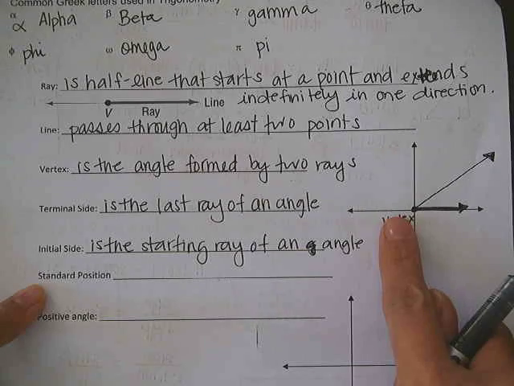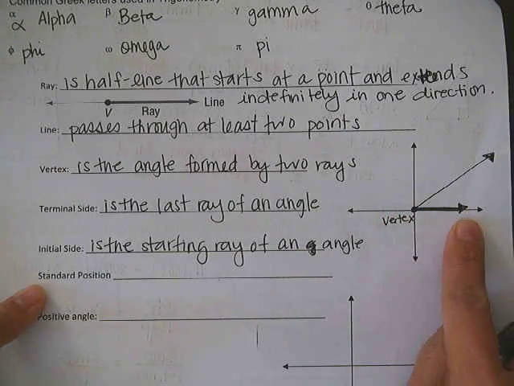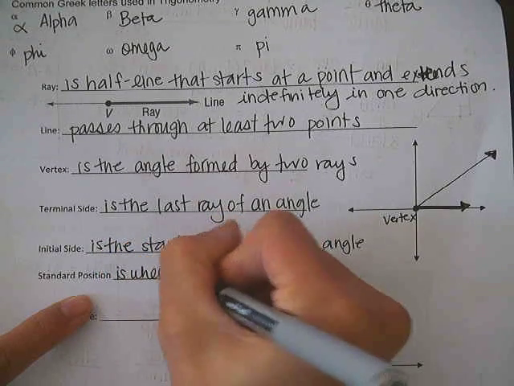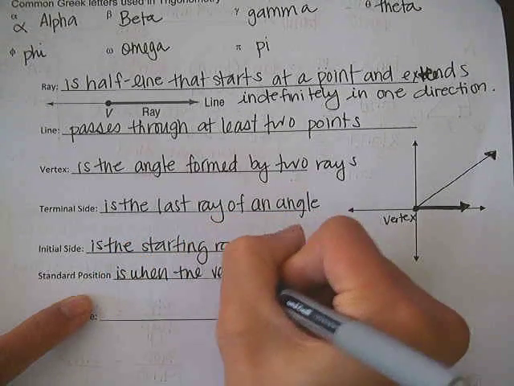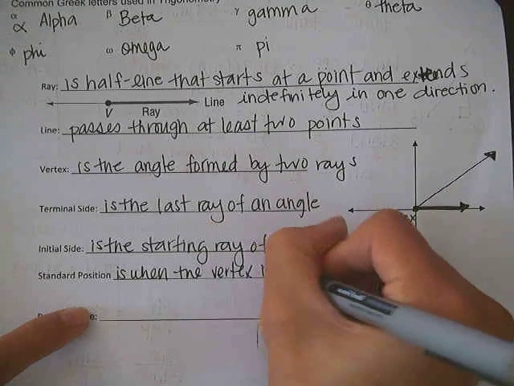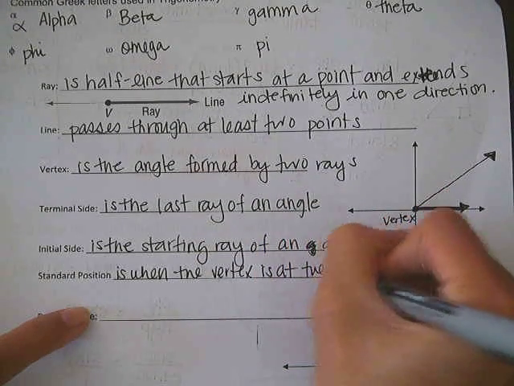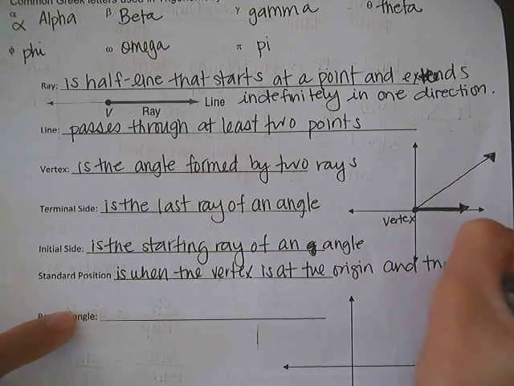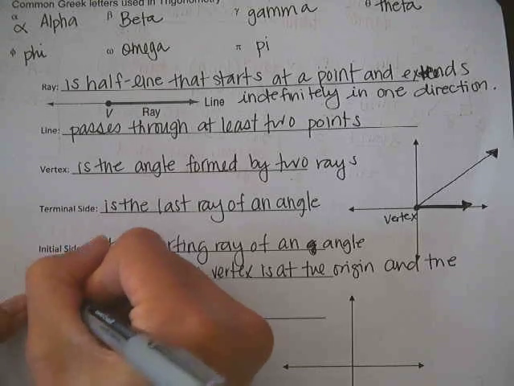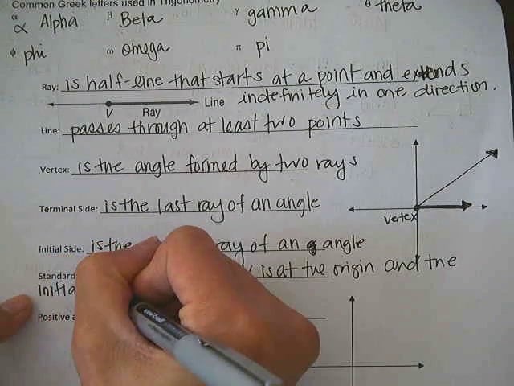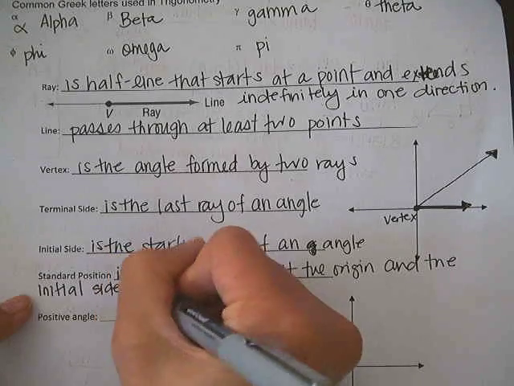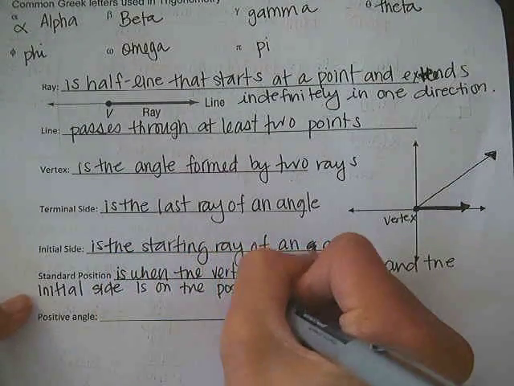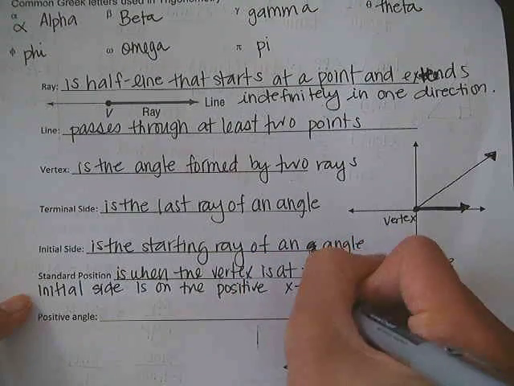It's when the vertex is at the origin, and the initial side is on the positive x-axis.